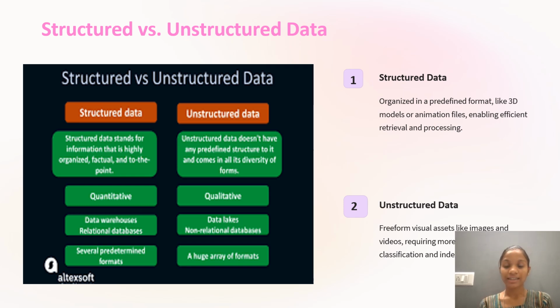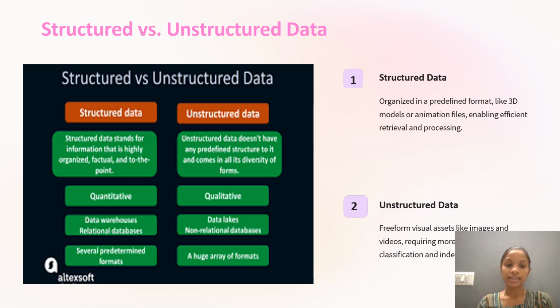Structured data is organized in a predefined format like 3D models or animation files, enabling efficient retrieval and processing. And unstructured data is free-form visual assets like images and videos, requiring more data classification and interdependence.